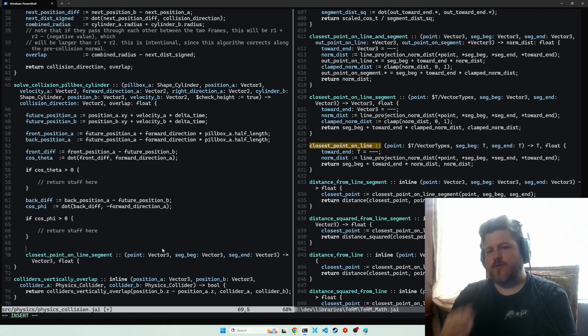So the closest point on the centerline segment, just rewording it. Closest point on line segment. Let's say centerline closest point. Centerline closest point is a good name for it.